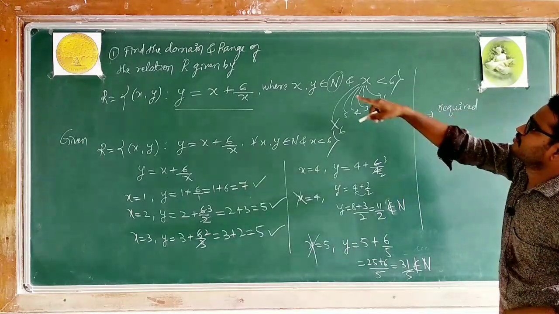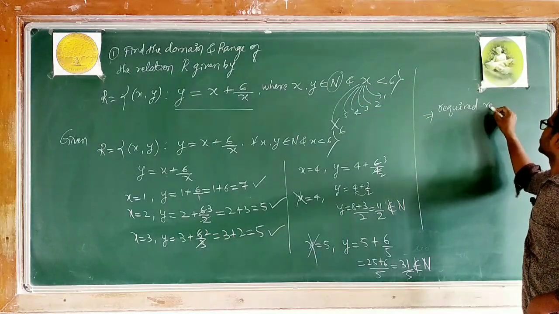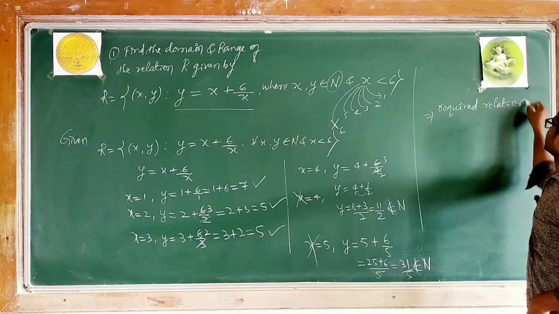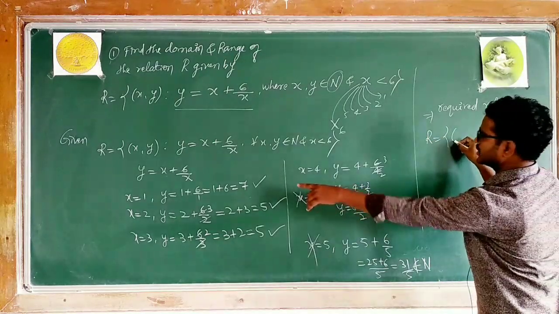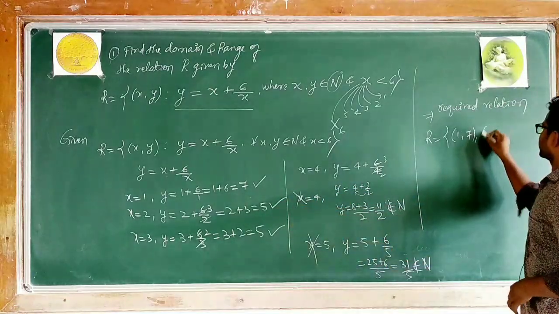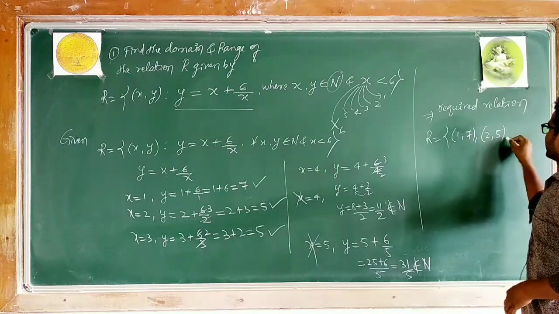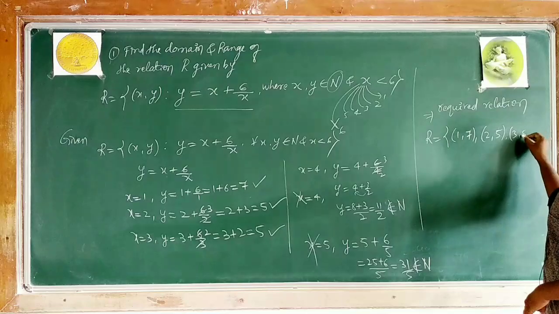He is asking to find the domain and range. I can say the required relation R is equal to, when I am taking x is equal to 1, I am getting 7. X is equal to 2, y is equal to 5. X is equal to 3, this is also 5.